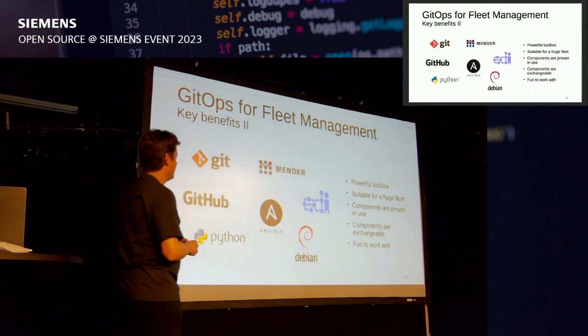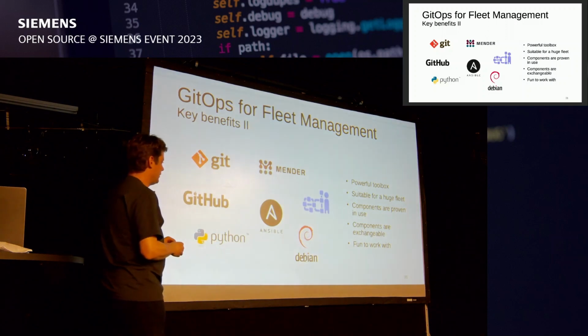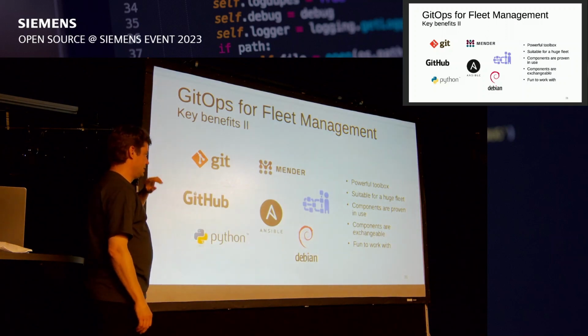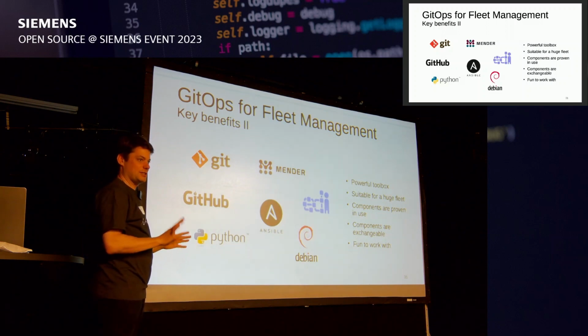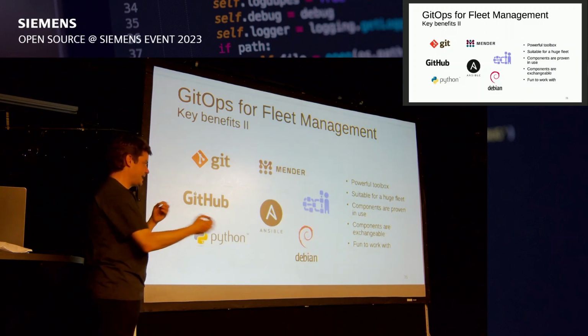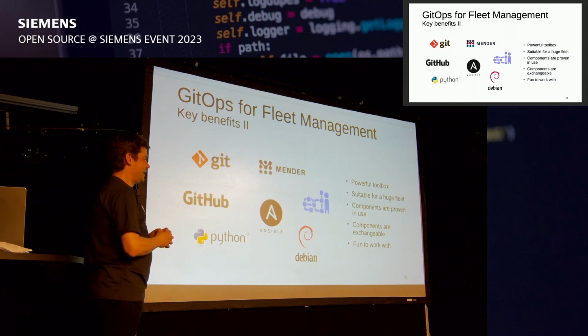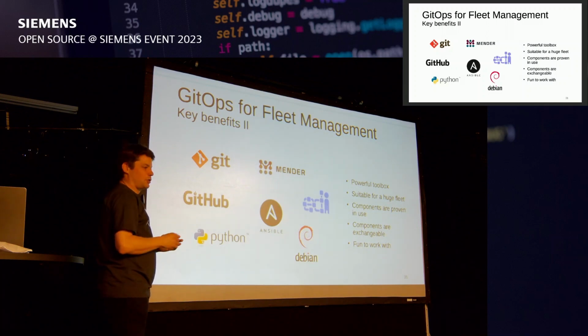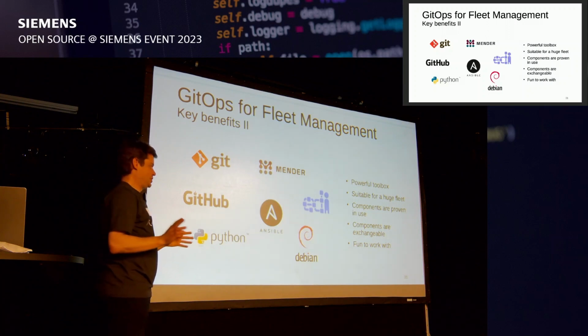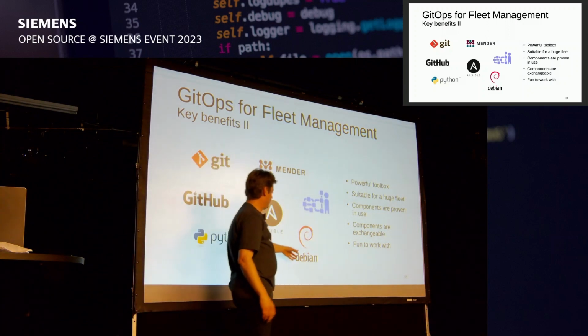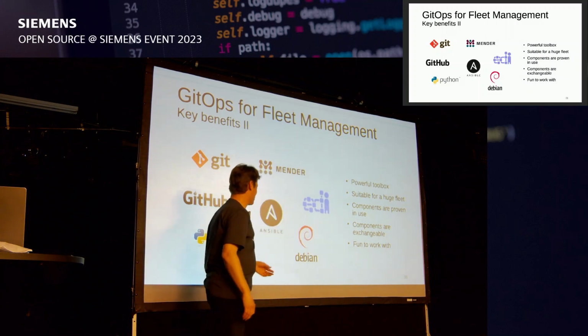Then other key benefits. I would say it's a powerful toolbox. It scales. The stuff that is shown here is designed for scaling. Then the components are all proven in use, and the components are exchangeable. So if you prefer Yocto over Debian, take Yocto.